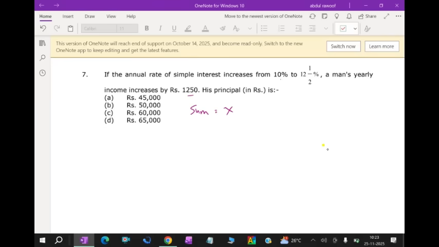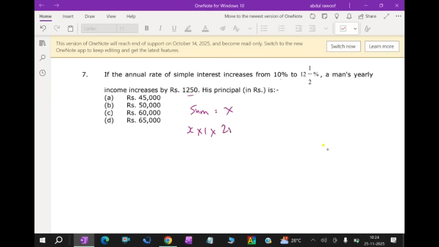Then simple interest is PTR by 100, where P is the sum invested x and time is 1 year.